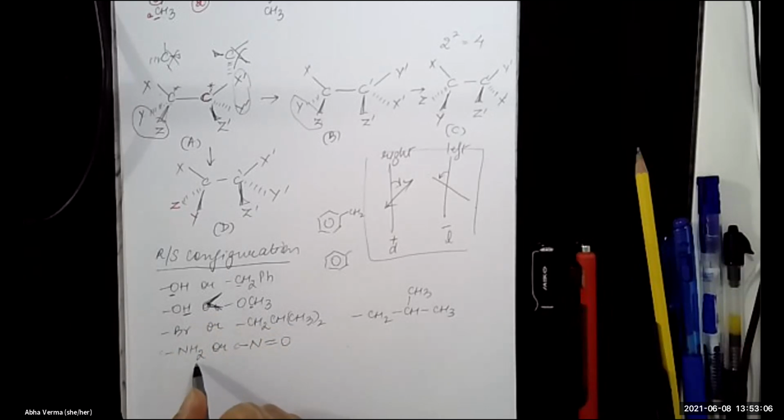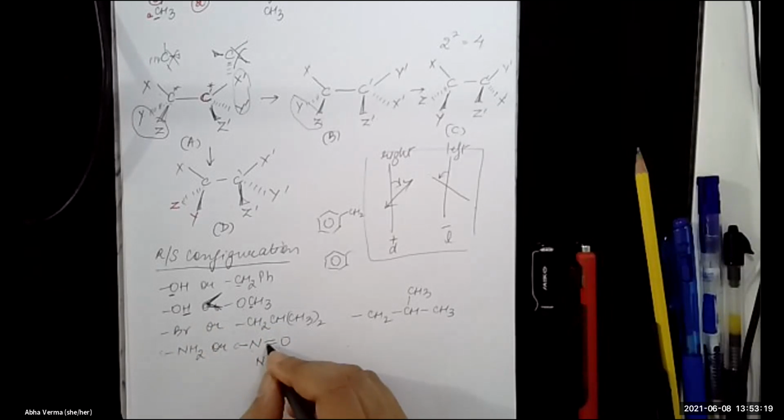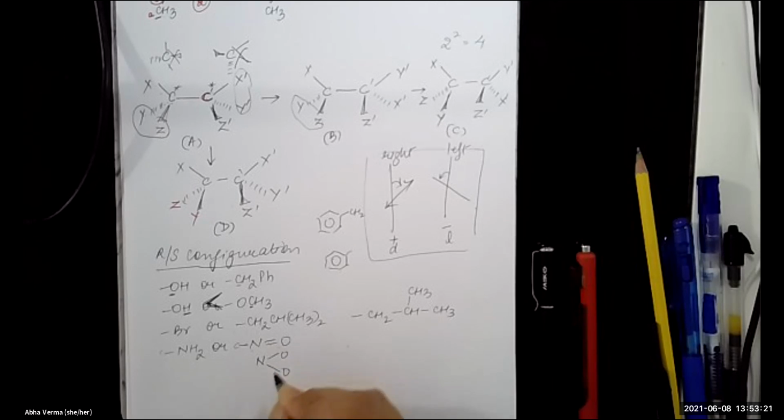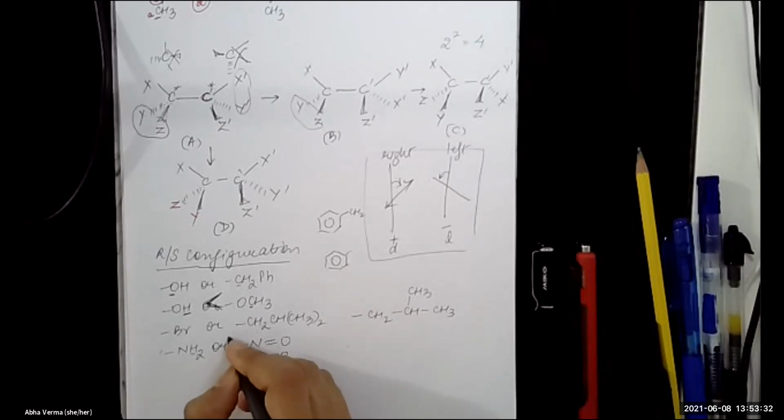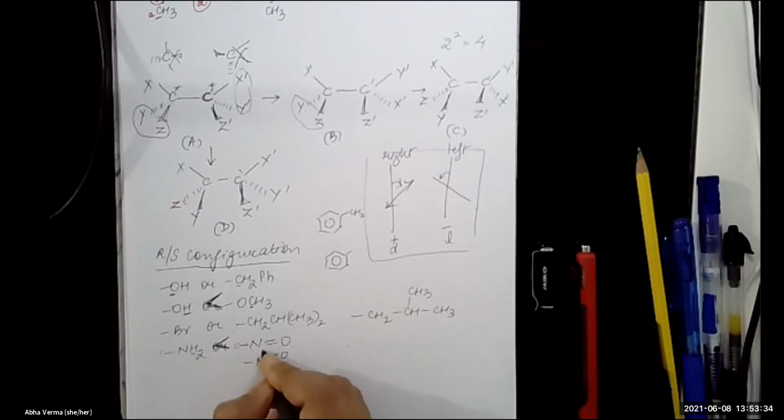But the other answer that you could have chosen, and which is very close, is the one where you have NH2 and N double bonded O. If you look at this nitrogen, double bonding just means that your nitrogen is attached to the same atom twice. And so if you compare from hydrogens, oxygens definitely have a higher atomic mass. And so this group will have more priority over NH2.